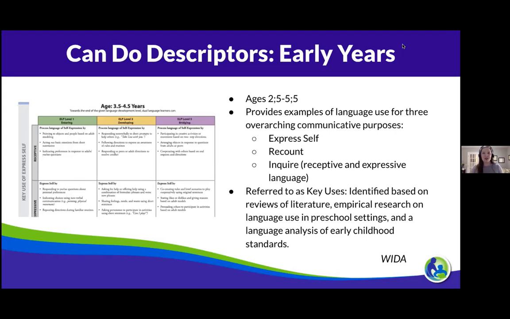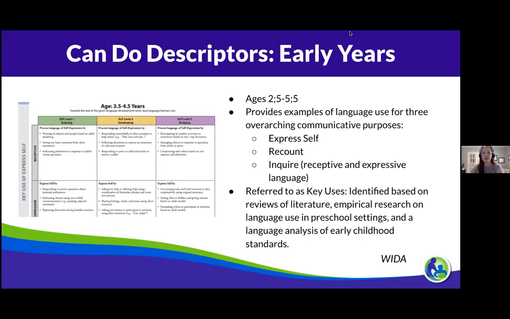Okay, so for early childhood, they don't take the ACCESS test, right? We talked about that starting in kindergarten during day one. But WIDA has created benchmarks, milestones for development for dual language learners who are 2.5 to 5.5.